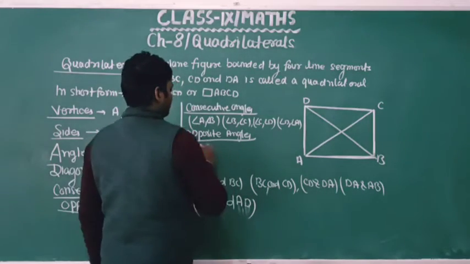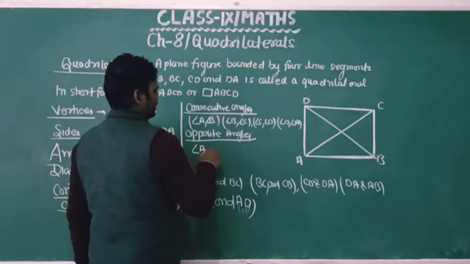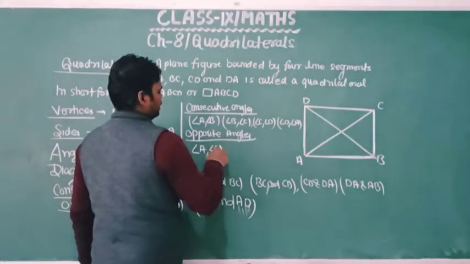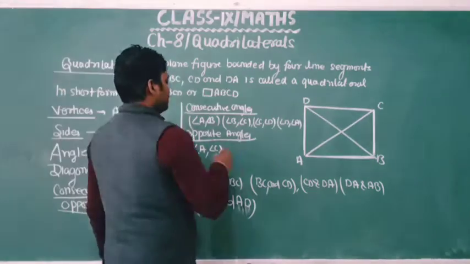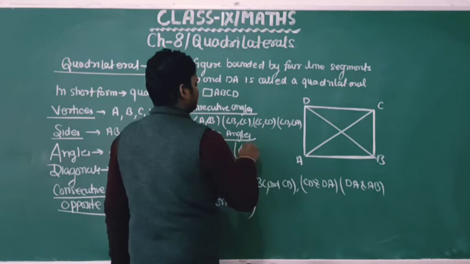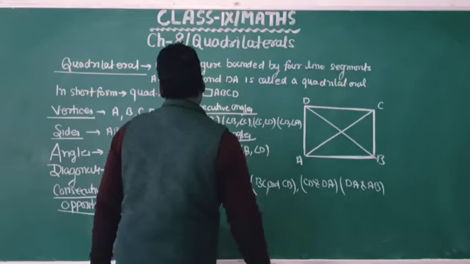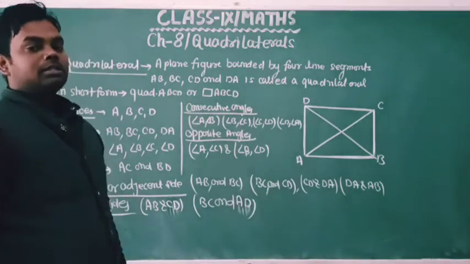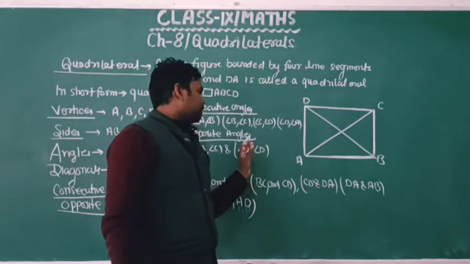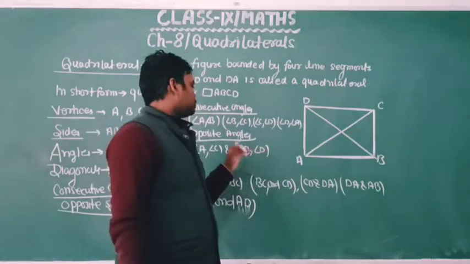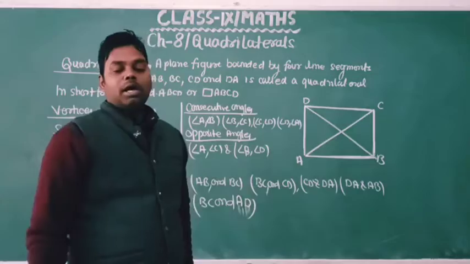So we have angle A and angle C. Angle A and angle C are opposite angles, and the next pair is angle B and angle D. So angle A and angle C are opposite angles of a quadrilateral, and the next pair, angle B and angle D, are also opposite angles of a quadrilateral.